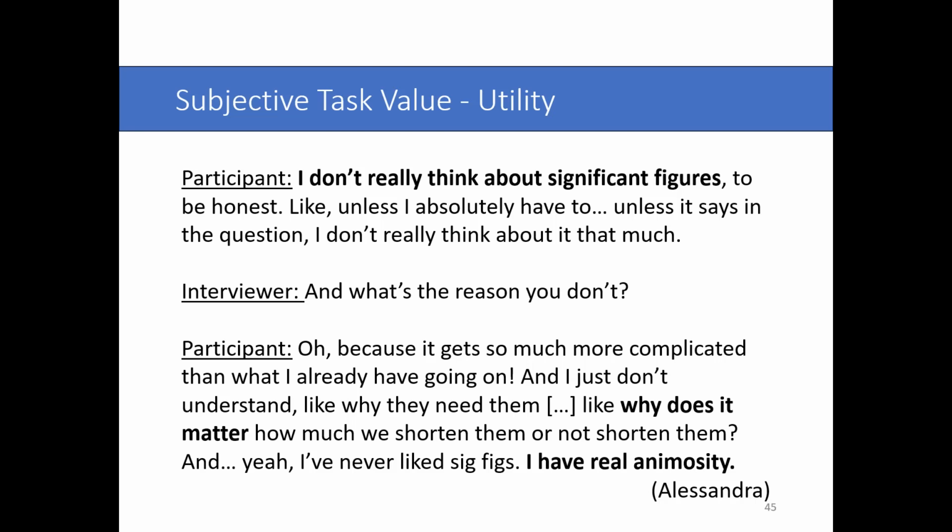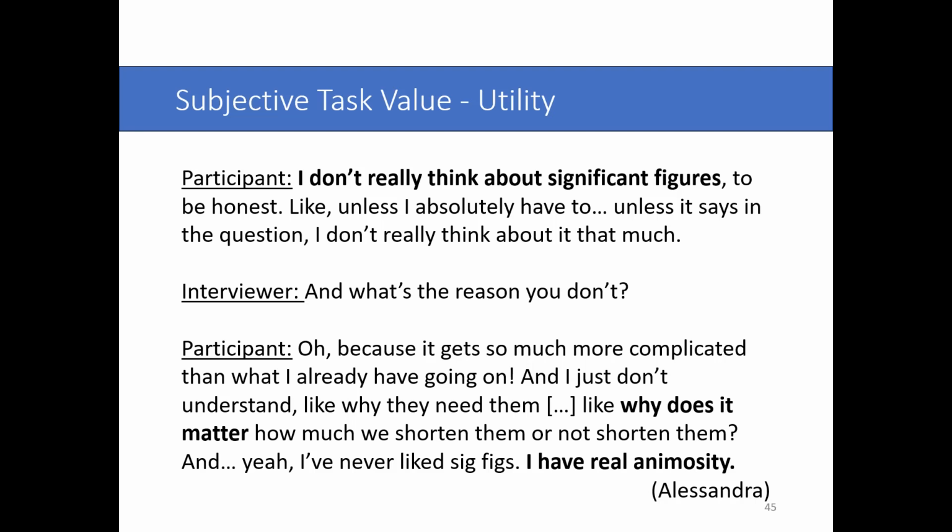I think this person was particularly interesting, Alessandra, because she mentioned she had a number of learning disabilities. She had anxiety, and she mentioned something called dyscalculia, which is like dyslexia, but for numbers, so it's mixing up numbers. She said, "I don't really think about significant figures, to be honest, unless I absolutely have to, unless it says in the question." And I said, okay, what's the reason that you don't?